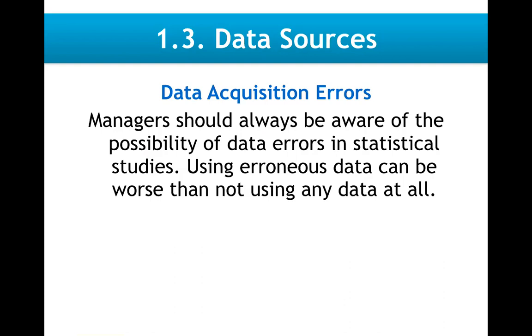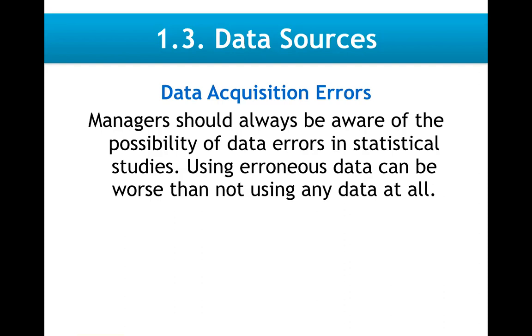For example, an interviewer might make a recording error, such as a transposition in writing the age of a 24-year-old person as 42. Or the person answering an interview question might misinterpret the question and provide an incorrect response.